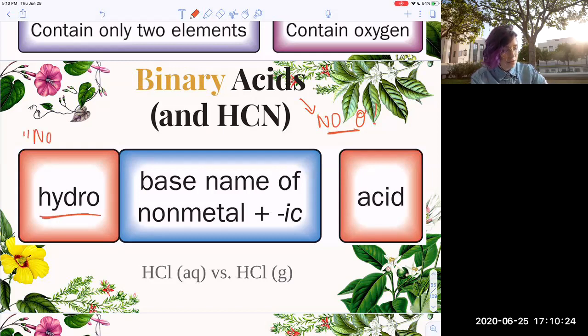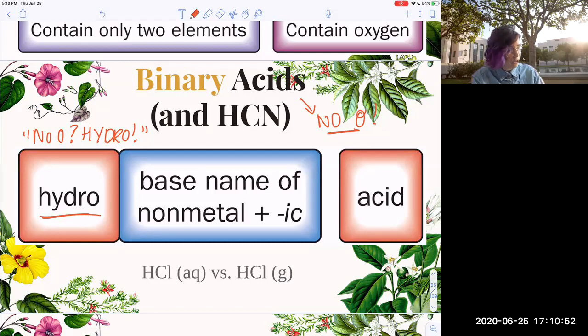So you can think, no O, hydro. In real classes together, I say no O, you say hydro. No O, hydro, no O, hydro. We'll learn it together that way, and we sound like we're at a party in the lecture hall. So no O, hydro. If you don't have oxygen in your acid, it gets a hydro in front.